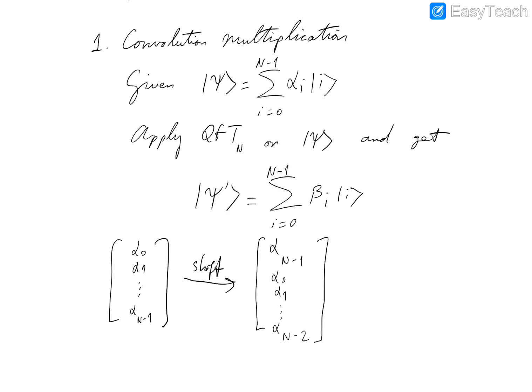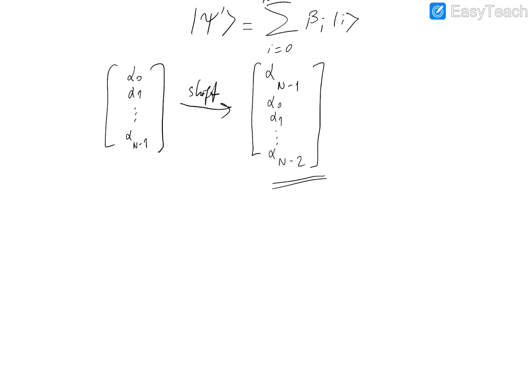Now let's apply QFT on this shifted input. It turns out the outcome will be exactly the same as earlier. So the outcome will be beta 0, beta 1, beta 2, and so on, except that it picks up a phase.